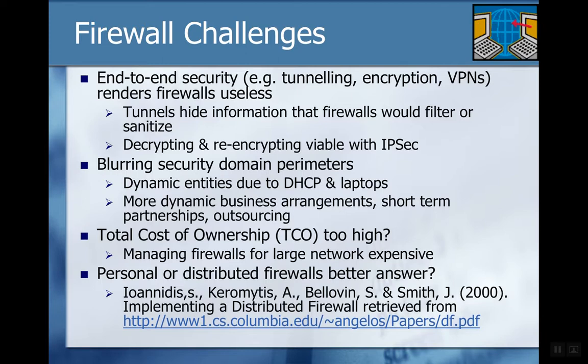Also, the idea of where the line falls between different types of security domains. So, say for example, dynamic addresses with DHCP and laptops. Where does that come into play?